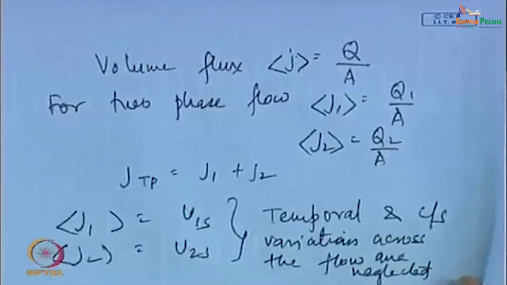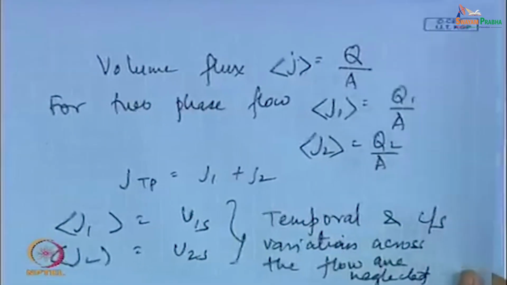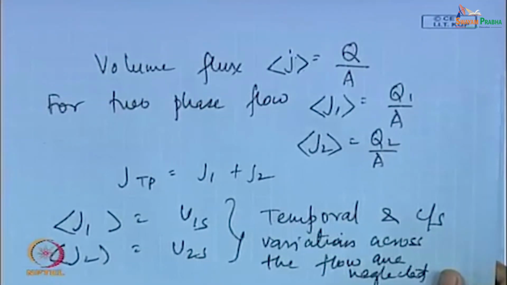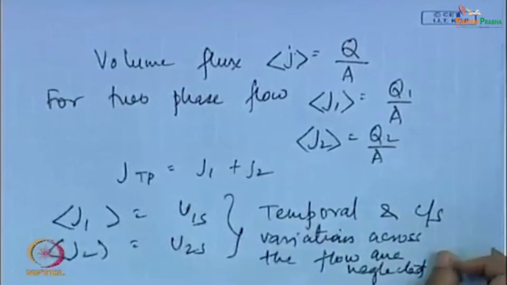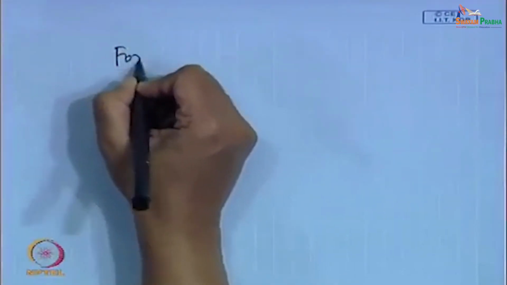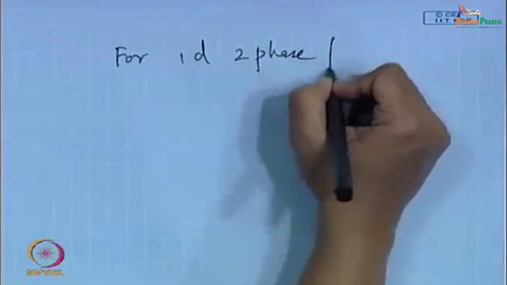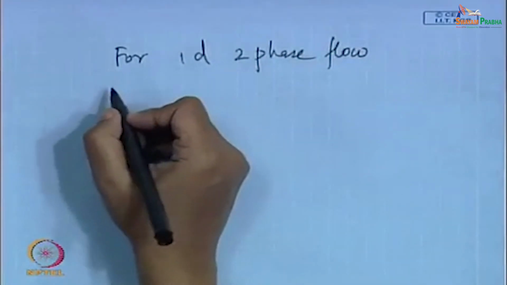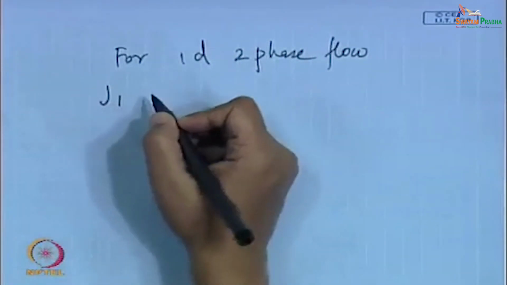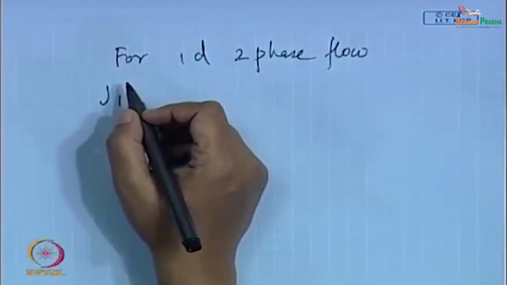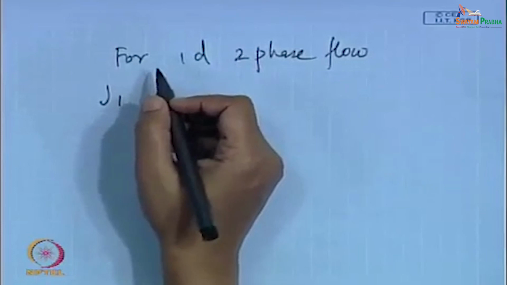For this one dimensional two phase flow, how can we relate J1, J2 with the in situ velocities? For one dimensional two phase flow, the volumetric fluxes of the individual components can be related to the local component concentration and the local velocity.